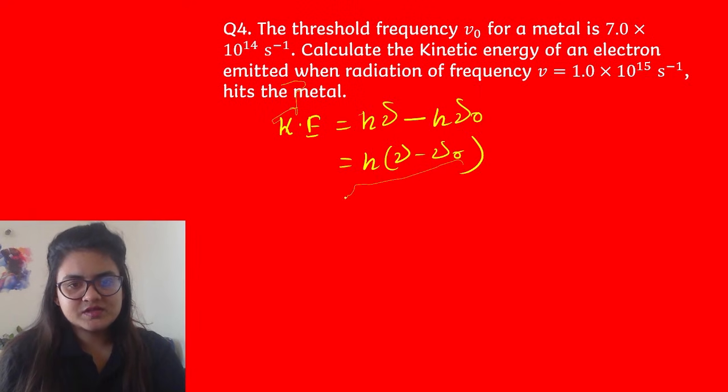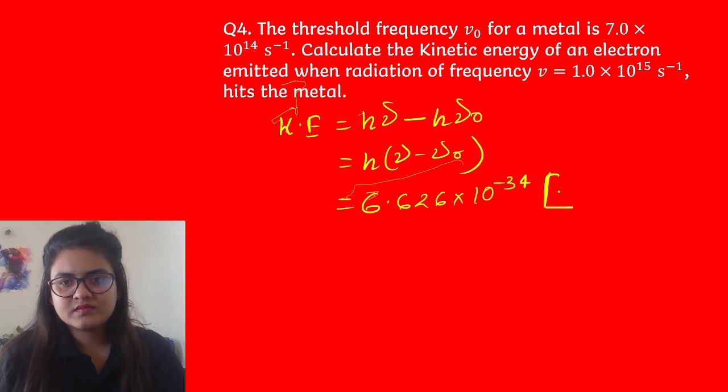So from here, let's simplify: h times nu minus nu 0. Now let's put the value out there. 6.626 into 10 power minus 34 into, okay, nu 0 value is given, 7 into 10 power 14, and the radiation frequency is 1 into 10 power 15.